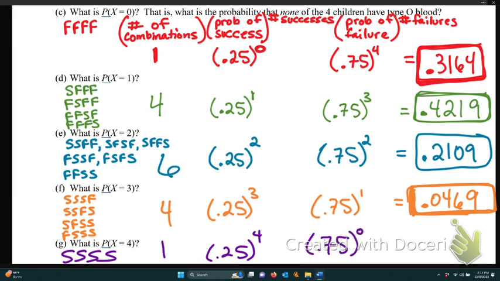And technically speaking, 0.75 is raised to the power of 0. But what does that become? It really just becomes a 1. So technically speaking, you don't even have to type it in. And so, ladies and gentlemen, what is the probability that with a 25% chance per kid that all 4 have type O blood?